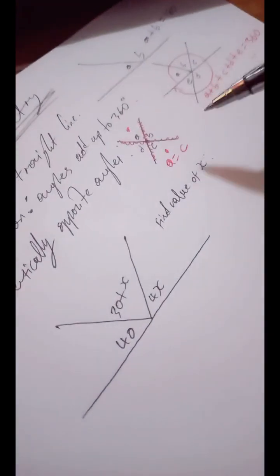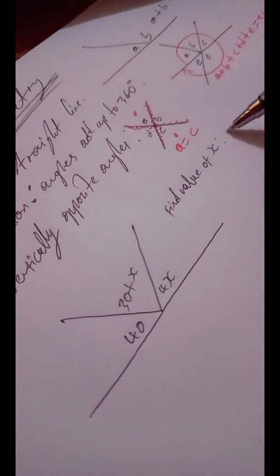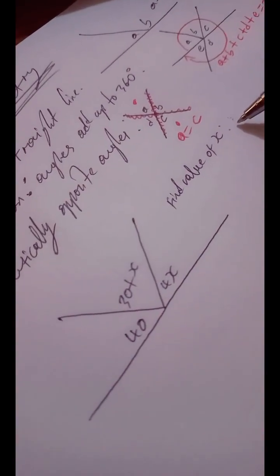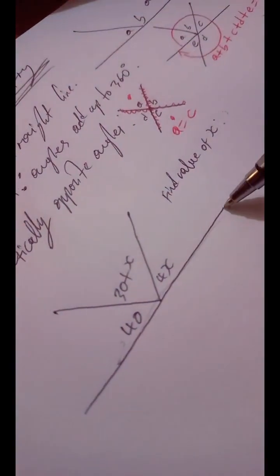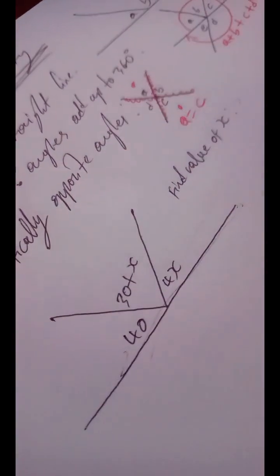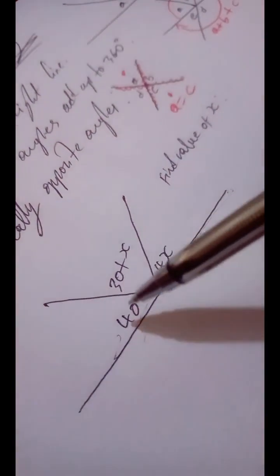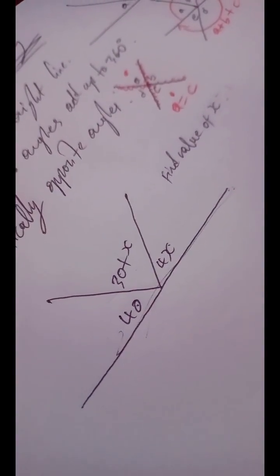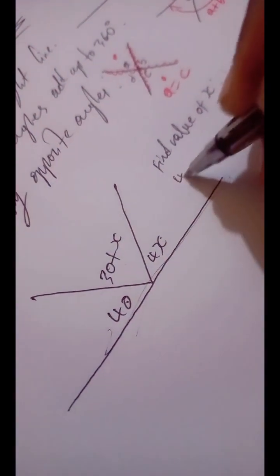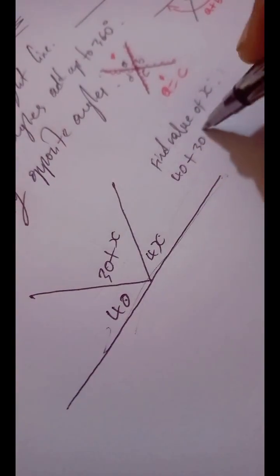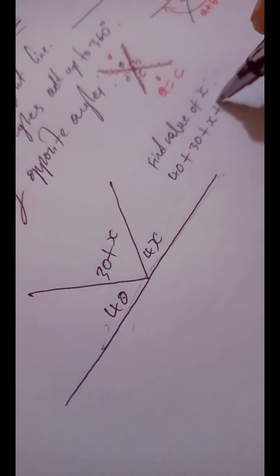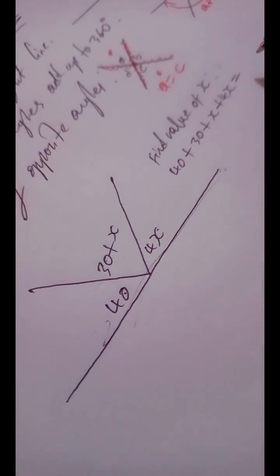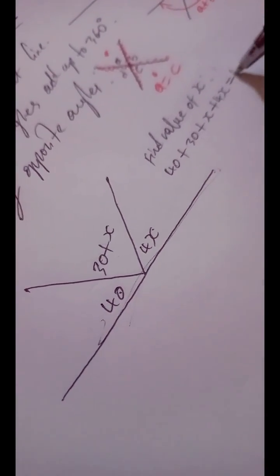Here you are finding the value of x. This is a straight line. Angles on a straight line add up to 180. So you're going to say 40 plus 30 plus x plus 4x gives us 180.